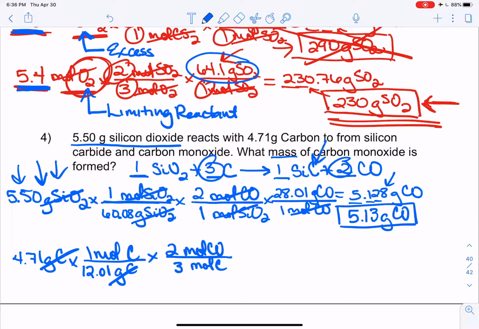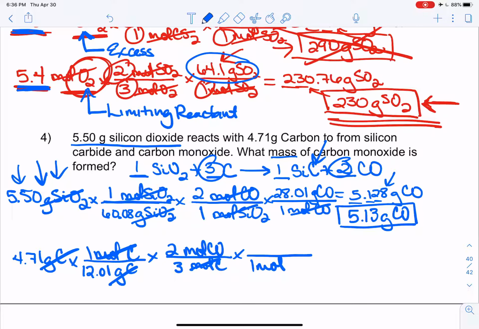That other carbon goes to the silicon carbide. So that's why it's a ratio of 2 to 3 and not 3 to 3. Okay, so the moles cancel out. And now that we're in moles of carbon monoxide, we need to go to grams of carbon monoxide. And that's a molar mass.